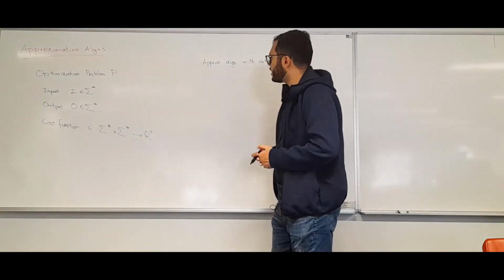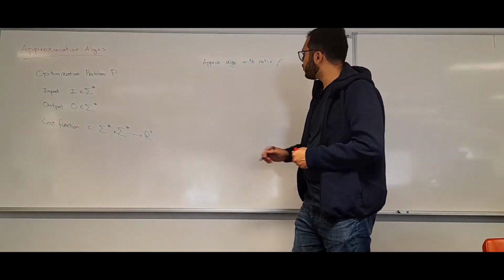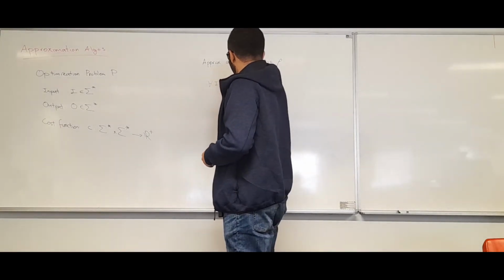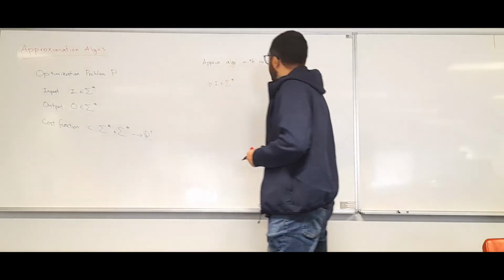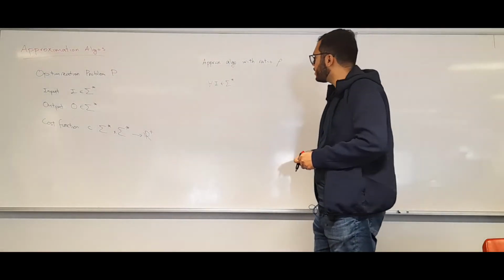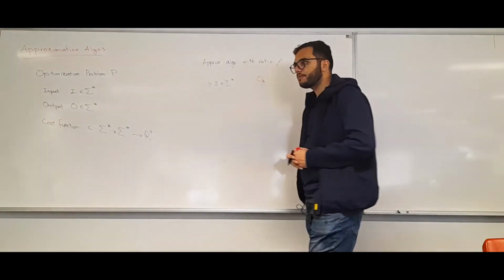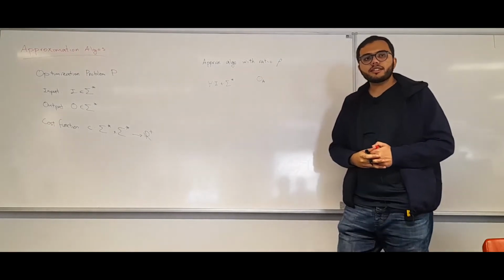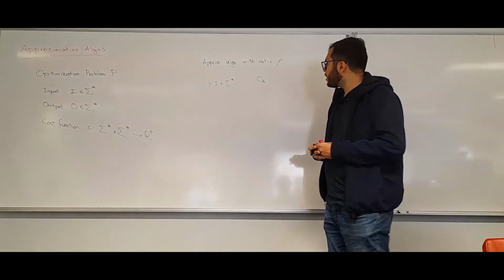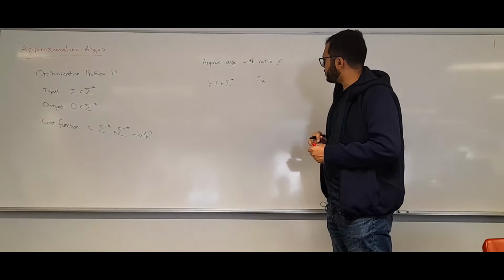It means that I have some algorithm A, and for every possible input in sigma star, if I take the output of my algorithm, let's call that O of A, and if I take the optimal output, the ratio of the costs is going to be at most rho.